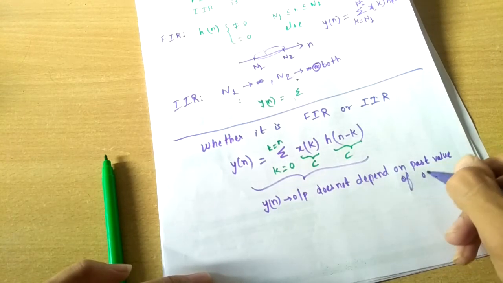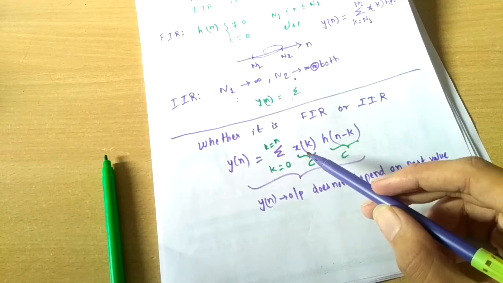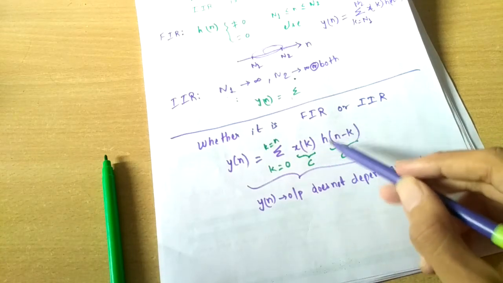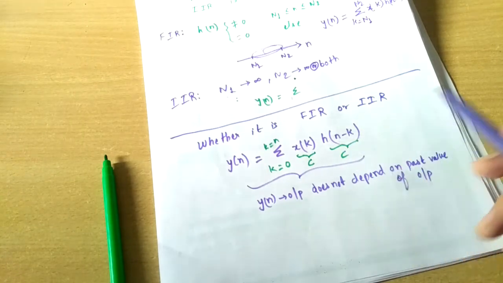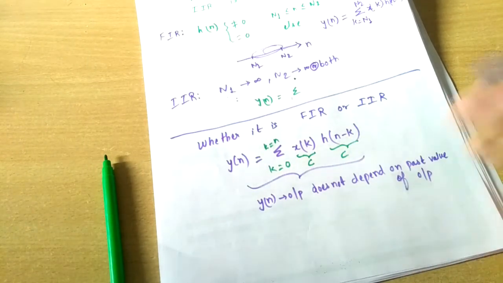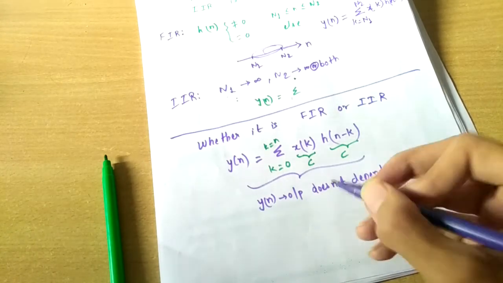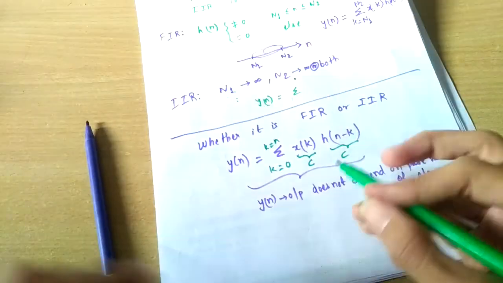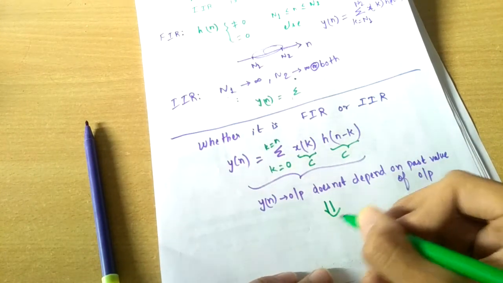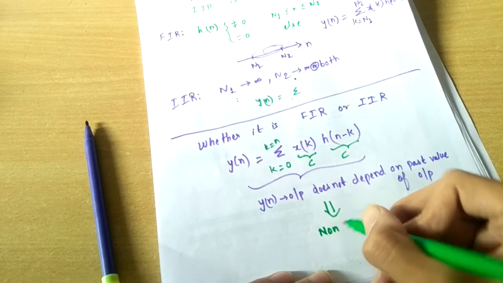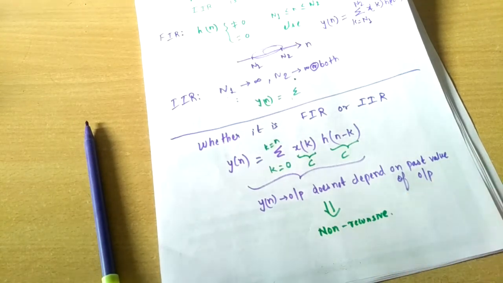We have the present input, and the present as well as past values of our impulse response, but we don't have any terms like y of n minus k. So no past value of output is present. So by definition, as I said a few minutes earlier, it is non-recursive.